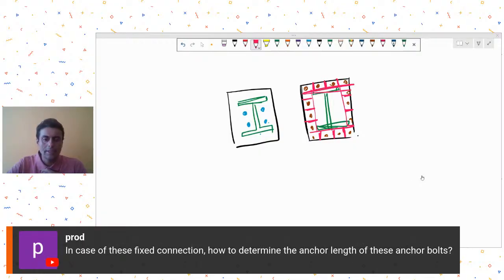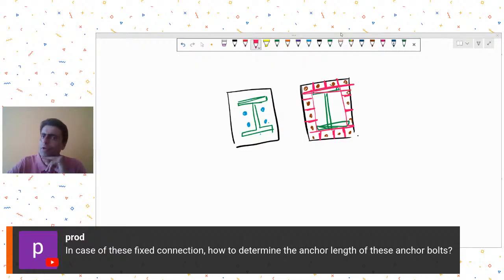Prod is asking, in case of these fixed connections, how to determine the anchor length. So for anchor length, you need to see it should not have slip. Slips have to be avoided. So the bond length of that anchor bolt should be sufficient enough. You have to avoid a cone-like failure. So you will have to calculate that as well.